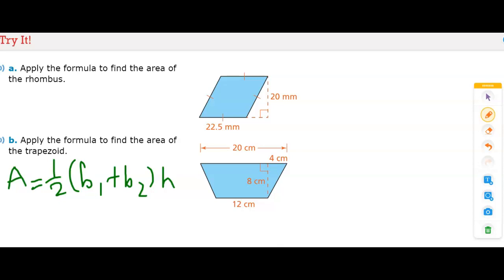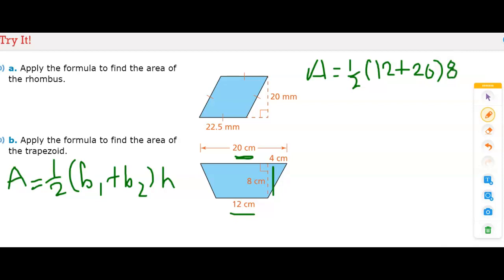So we have 1/2 times base 1, which is going to be, let's choose 12. And just as a little thing to note, it doesn't matter which one of the bases goes first because you're just adding them up. So I could have done 20 and then 12. It would have given us the same answer. And then the height will be the 8 centimeters.